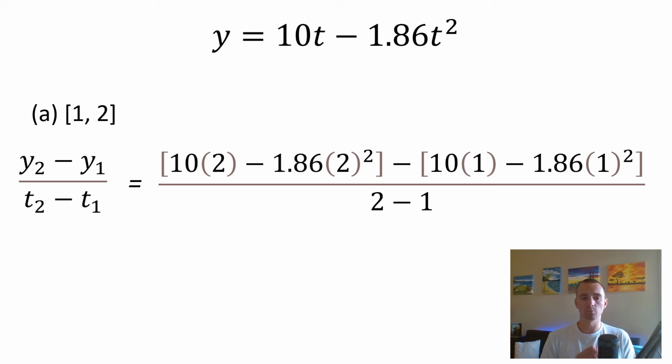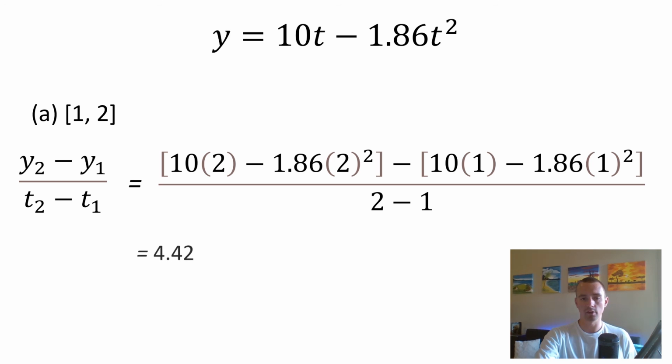To do that, we plug t equals 2, our second time value, into our height equation, and then plug t equals 1 into our height equation and take the difference between those two. That's exactly what you see in the numerator there: plugging in 2, plugging in 1, and subtracting them. Then you divide that by our second time value of 2 minus our first time value of 1.